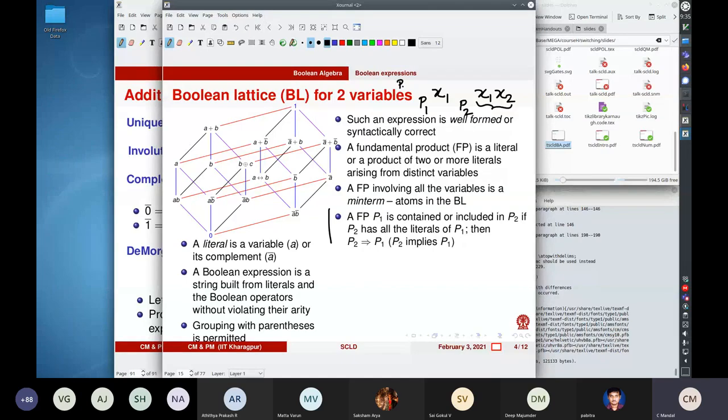But in this case P2 is contained in P1, so P1 is contained or included in P2 if P2 has all the literals of P1.